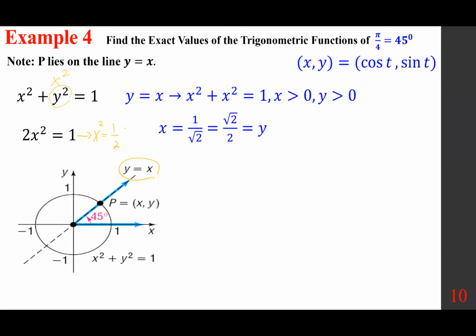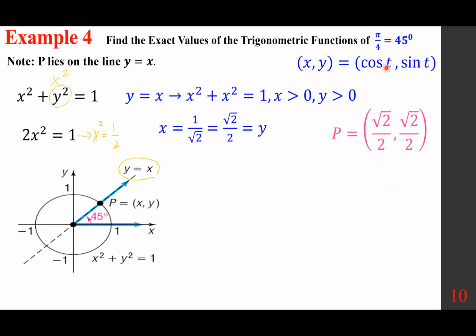And therefore, this point P has coordinates where x and y are both the same, square root of 2 over 2.